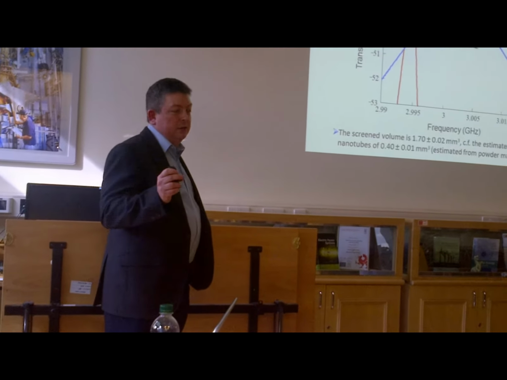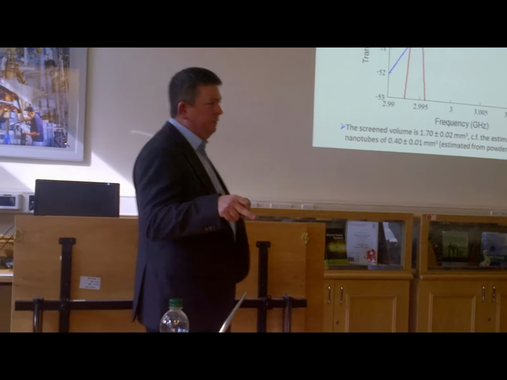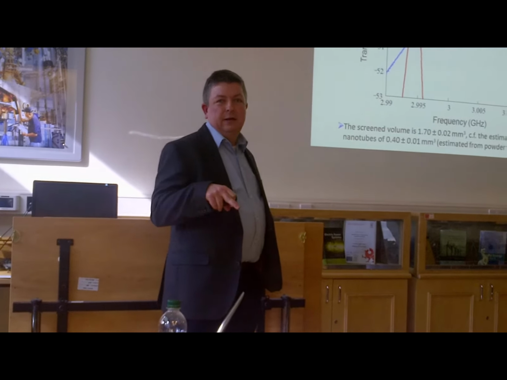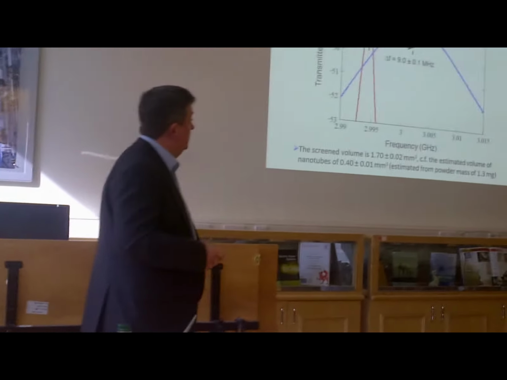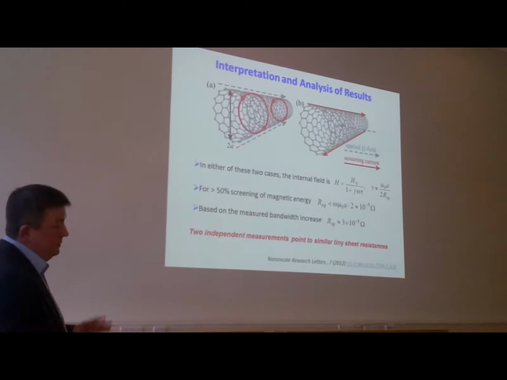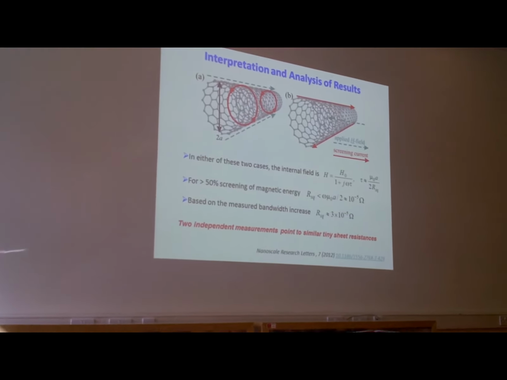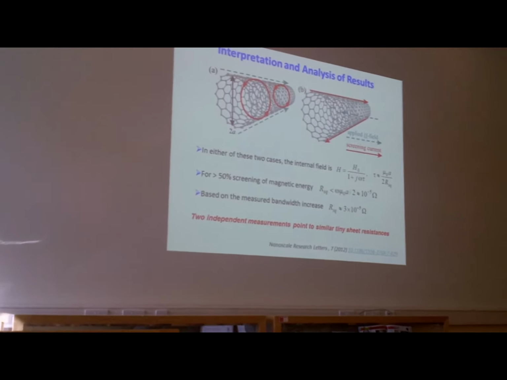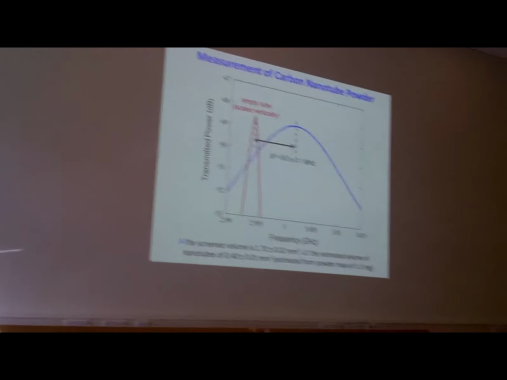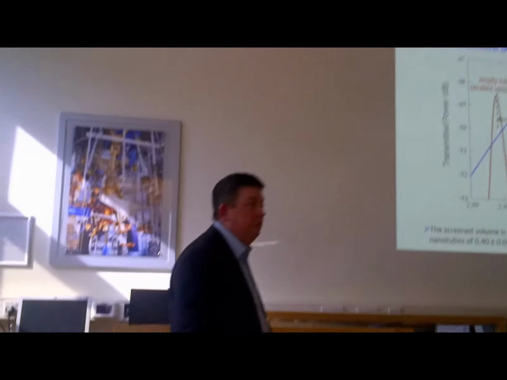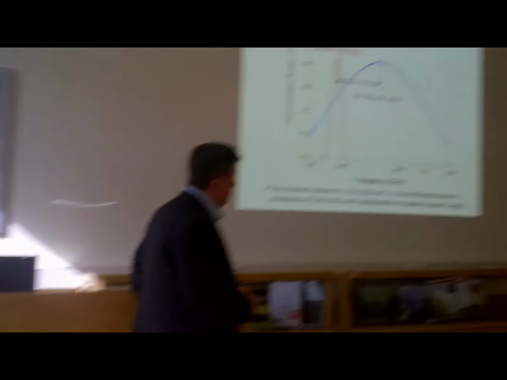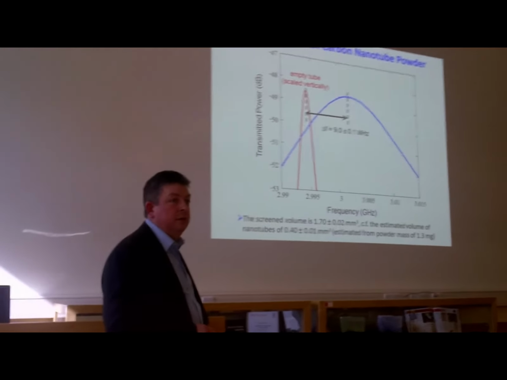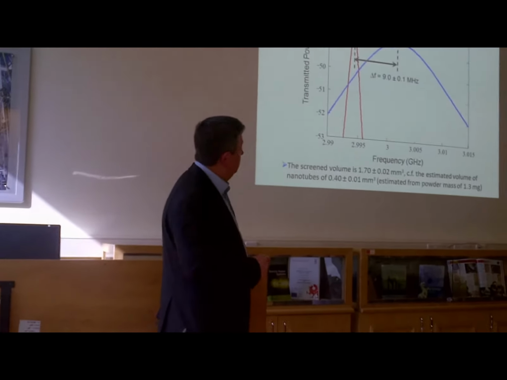You're screening the magnetic field from inside the sample because the conductivity is so large, and that's causing this increased frequency due to a decreased inductance. And that's what we see in carbon nanotubes. If you think about it, a carbon nanotube has a sheet resistance low enough to allow the magnetic field to be screened from inside of it. And that in itself is quite a remarkable result.